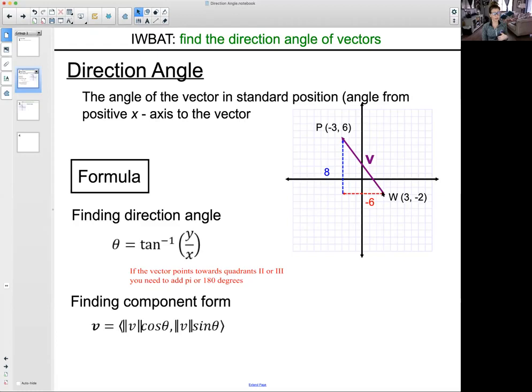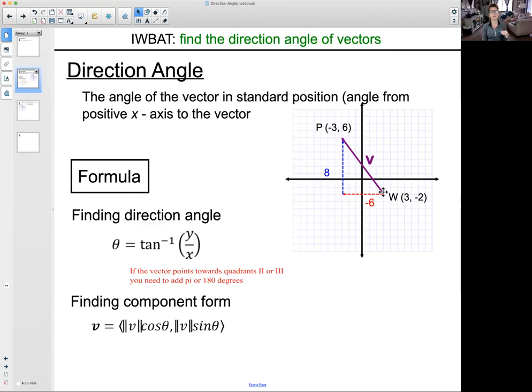So when you plot your vector on Delta Math, you can plot it just like I did here, and then they're going to actually have you move it to the origin. Now, I want you to notice when I move this vector, the components don't change. So the width of this, the height of this, the length of the vector, none of these things change.